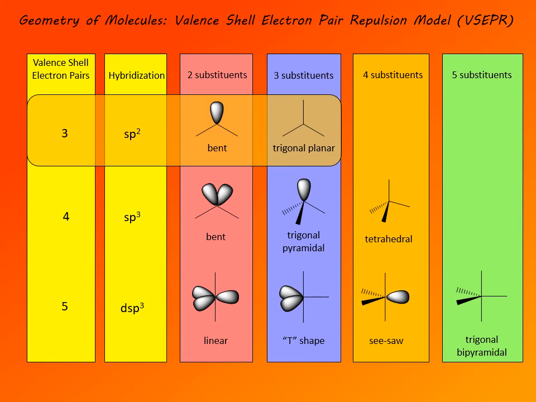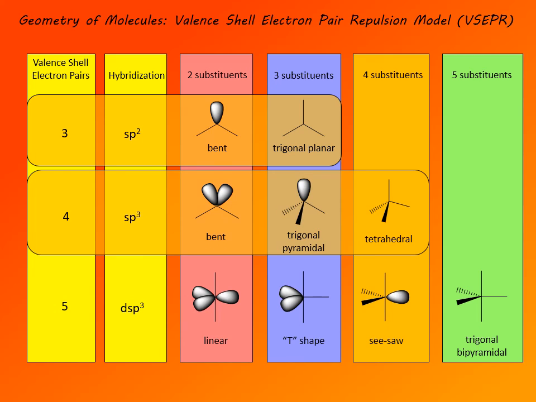So with 3 substituents you can see that geometry is either bent or trigonal planar, depending on the number of bonds and free electron pairs. With 4 substituents, geometry could be bent, trigonal planar, or tetrahedral, again, depending on the number of bonds and free electron pairs. And finally, 5 substituents, geometry could be linear, T-shape, seesaw shape, or trigonal bipyramidal.